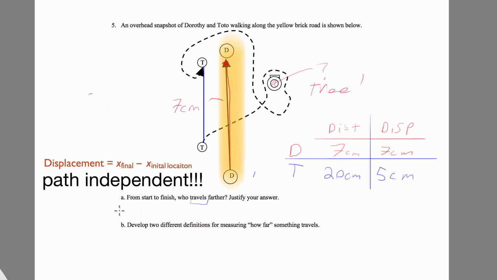We traveled from one city to another city, and no one asks, well, did you take any detours? They just ask how far you traveled. So I'm going to say that Dorothy had more displacement, so she traveled farther. In total she ended up in a place further from where she started.